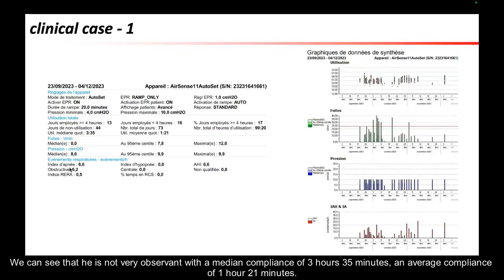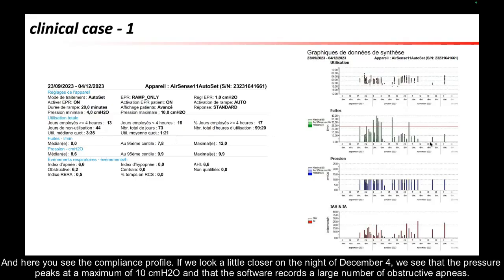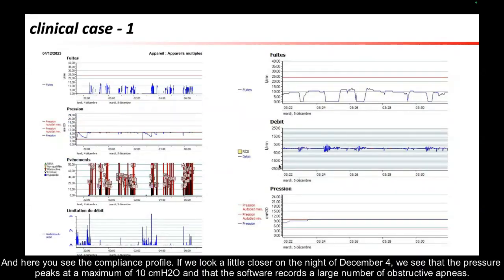We can see that he is not very compliant with a median compliance of 3 hours 35 minutes, an average compliance of 1 hour 21 minutes. And here you see the compliance profile. If we look a little closer on the night of December 4th, we see that the pressure peaks at a maximum of 10 centimeters of water, and that the software records a large number of obstructive apneas.